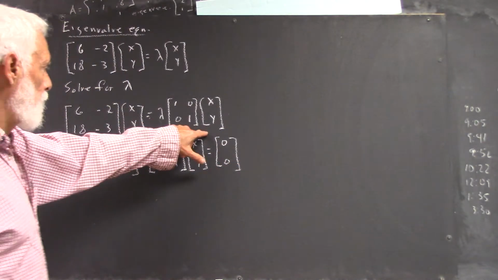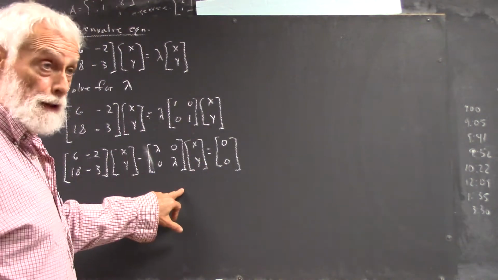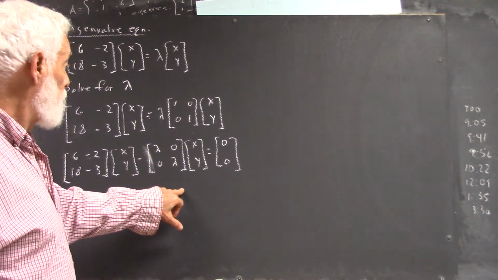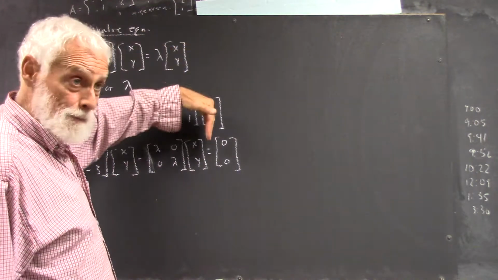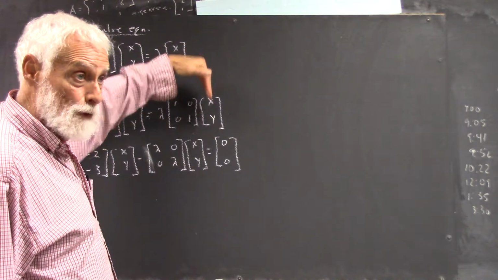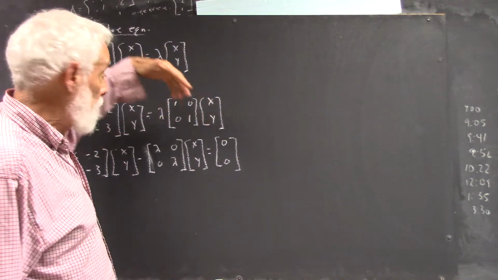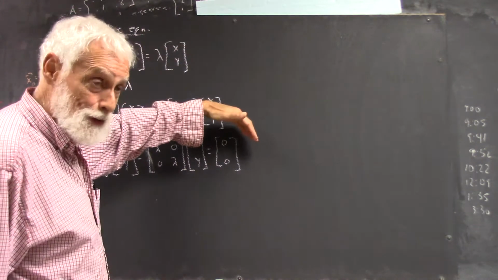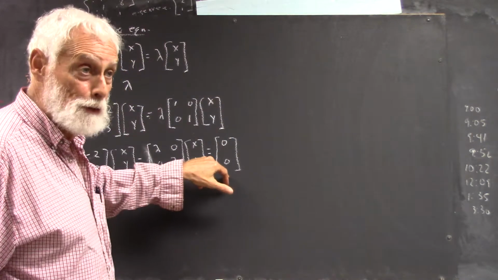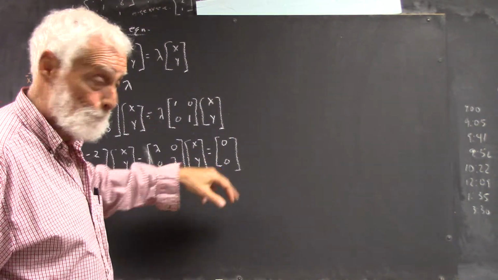If I subtract this from both sides, this is what I get. Because this is just a column matrix with 2 entries, if I subtract a column matrix with 2 entries from itself, I get a column matrix with 2 zeros. Okay?